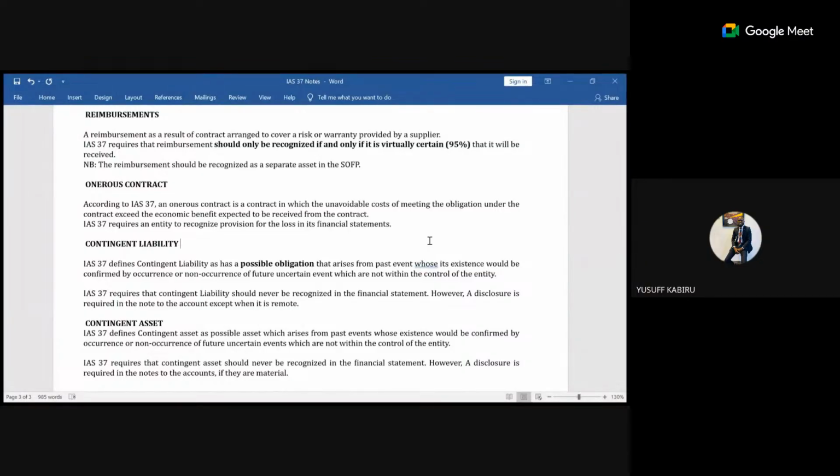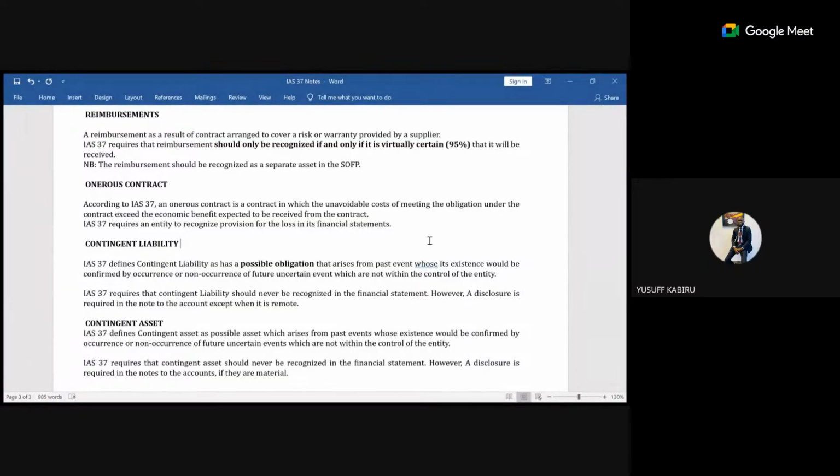That means there is a 70% chance that we will win the case. Maybe the lawyer has gathered enough evidence that we will win this case. You ask the lawyer, what is the percentage? We are 70% sure we will win this case. So there is a 30% chance that you will lose the case.